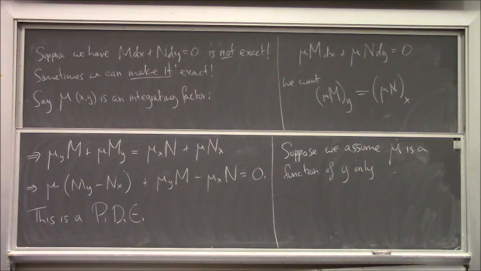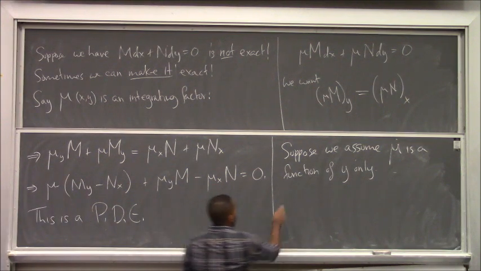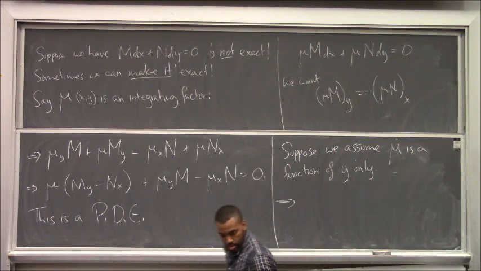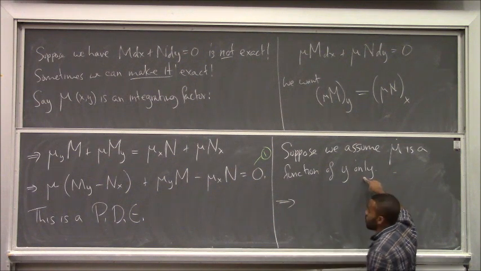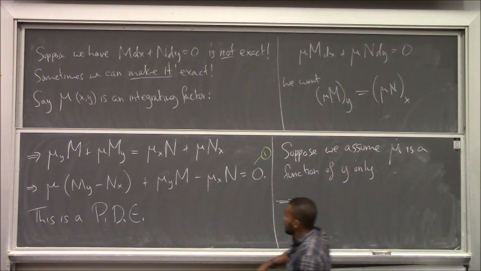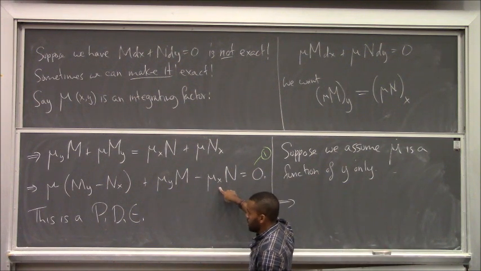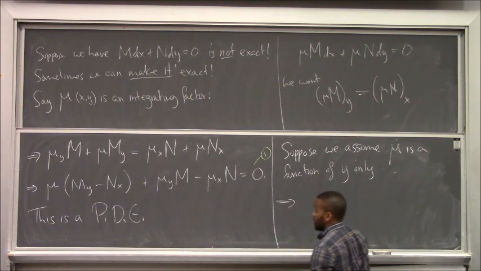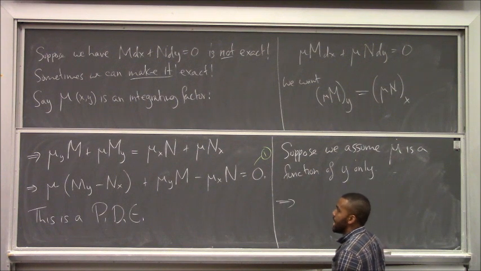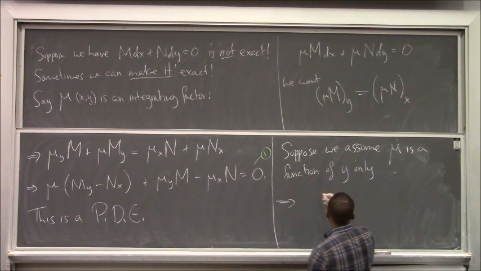What would that result in? If this is just a function of y, mu sub x is going to go to 0. So the equation I now would have is the following.